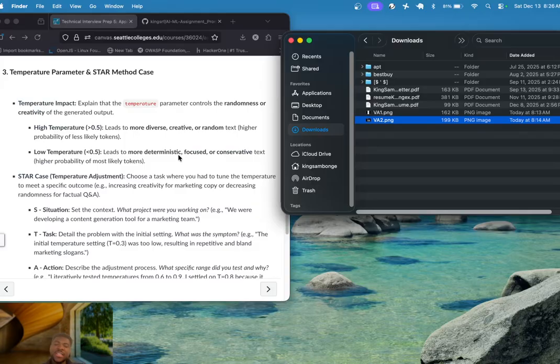A high temperature means the model takes more risks, leading to diverse, creative, and sometimes even surprising outputs, whereas a low temperature makes the model deterministic. It will consistently pick the most statistically likely next word, leading to focused and more conservative text.